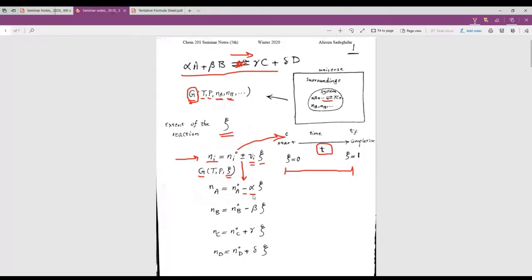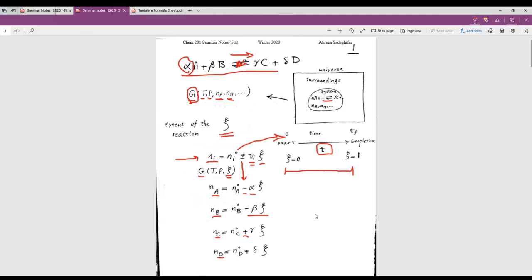It's the stoichiometric coefficient for reagent A in this reaction, which is alpha. That's the stoichiometric coefficient for A, times xi. You can do the same thing for B and relate it to xi using this equation. For the products C and D, the only thing that changes is the sign. It's a plus. Everything else is the same.